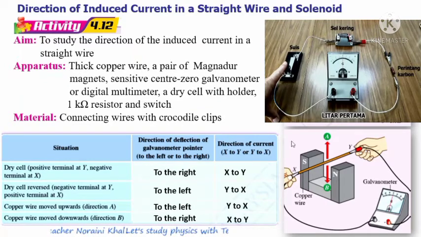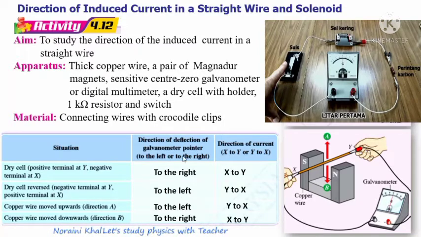Direction of the current is from X to Y. If the dry cell is reversed, negative at Y, positive at X, the galvanometer pointer deflects to the left. Direction of current in the battery is Y to X. That's the explanation why the pointer deflects to the left.